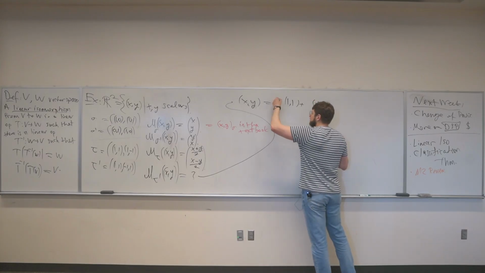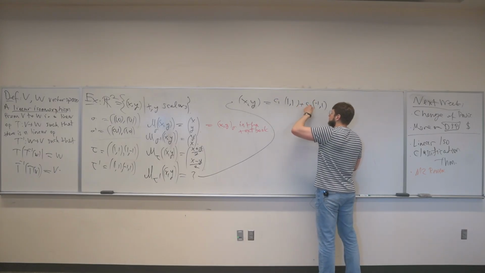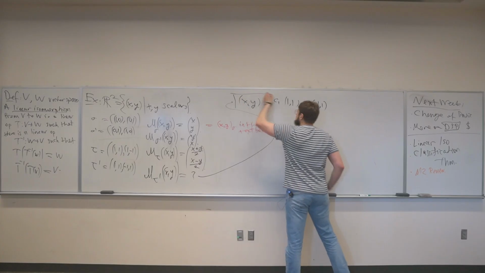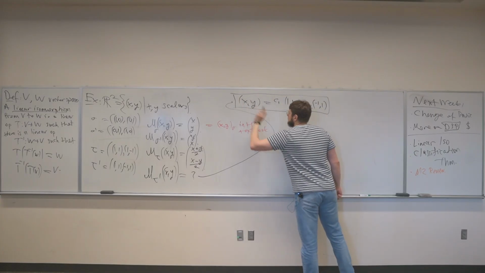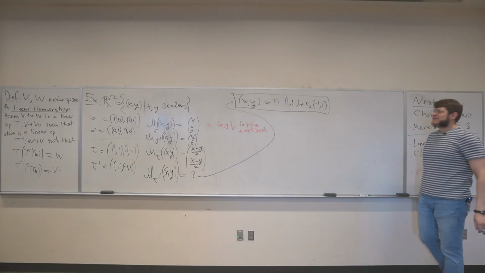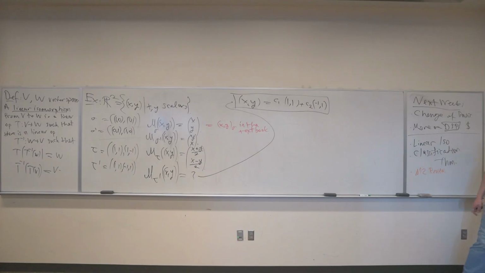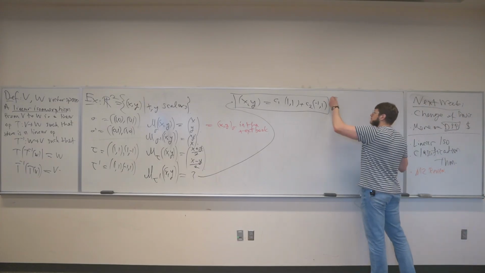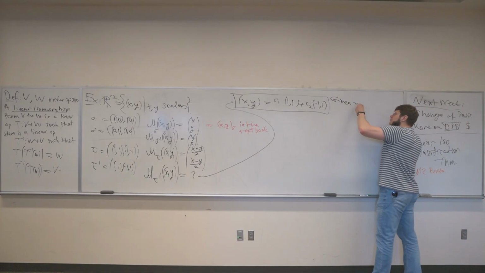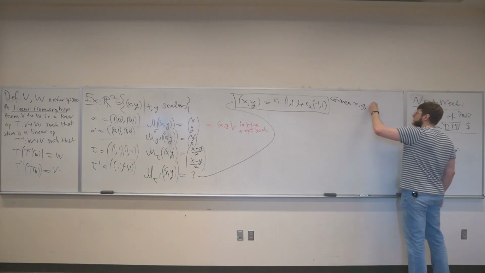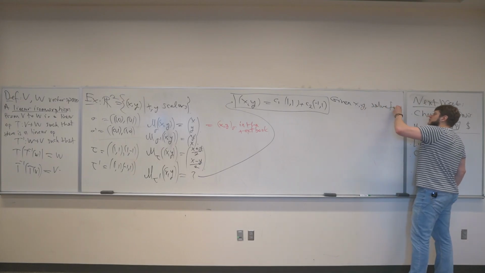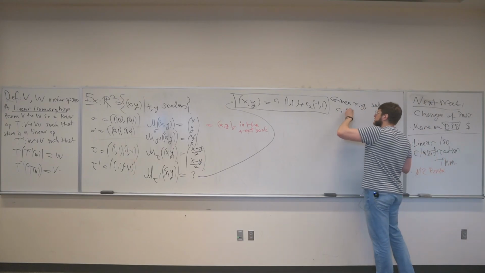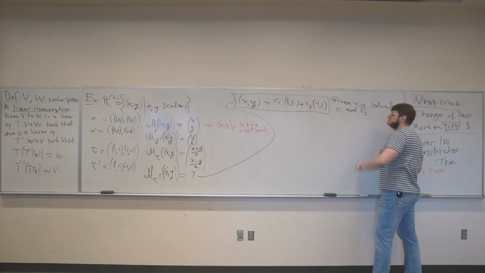And here's going to be C1, here's going to be C2. I set up this equation first. I'm thinking x and y to be given, and I'm trying to solve for C1 and C2. Given x and y, solve for C1 and C2.